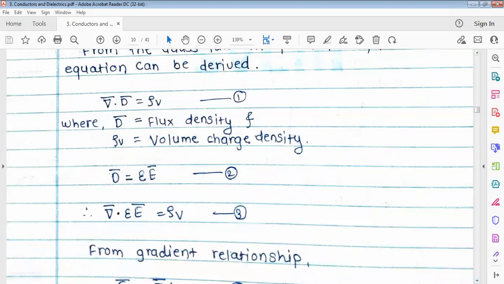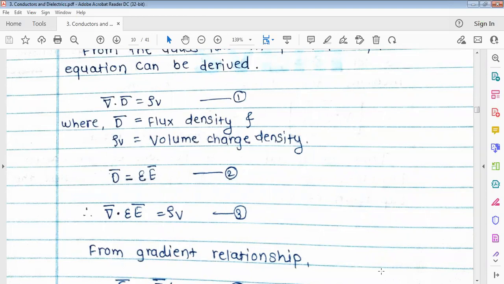Now this D bar is also equal to epsilon into E bar. All of you know the relation between the electric flux density and field intensity, that is D bar is equal to epsilon into E bar.